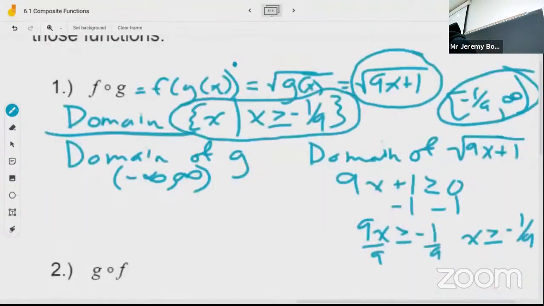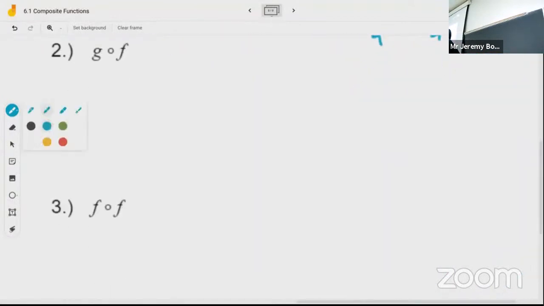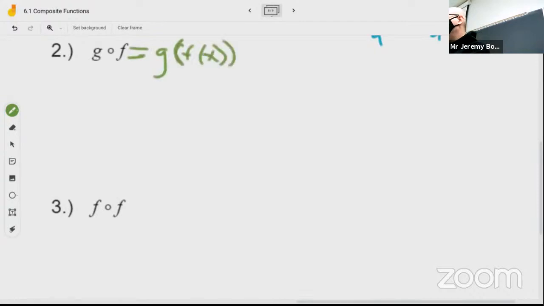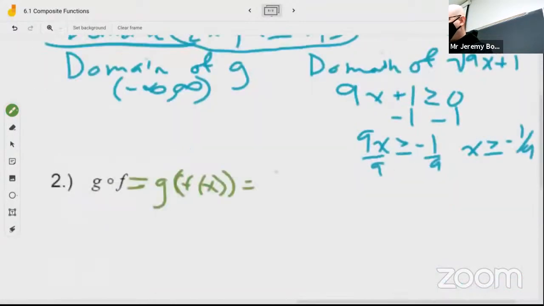What's next? g of f. So remember, g composed with f is the same thing as g of f of x, which means that we're going to take g, and everywhere there's an x, we're going to put f of x. So g is 9x plus 1, so it's going to be 9 times f of x plus 1.